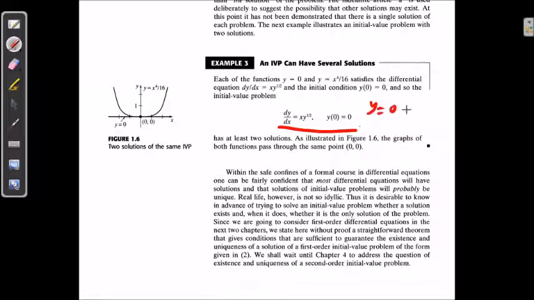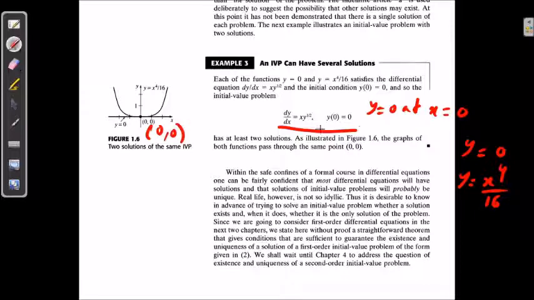This differential equation has two solutions: y equal to 0, which is the singular solution, and another is y equal to x⁴/16. Both solutions pass through the origin, that is (0,0).